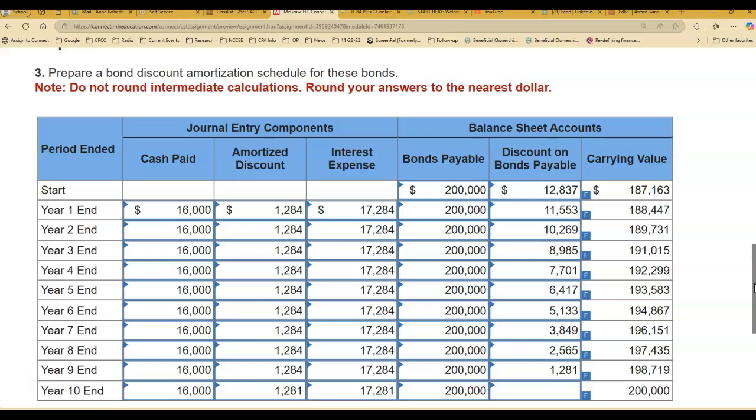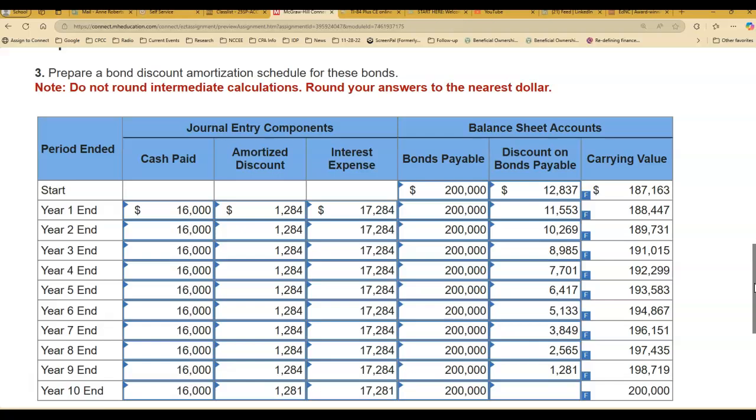But then look at what's happening here. In the discount column, we start with the $12,837. Each period, we're simply subtracting the $12.84 of the allocation to constantly bring that number down.